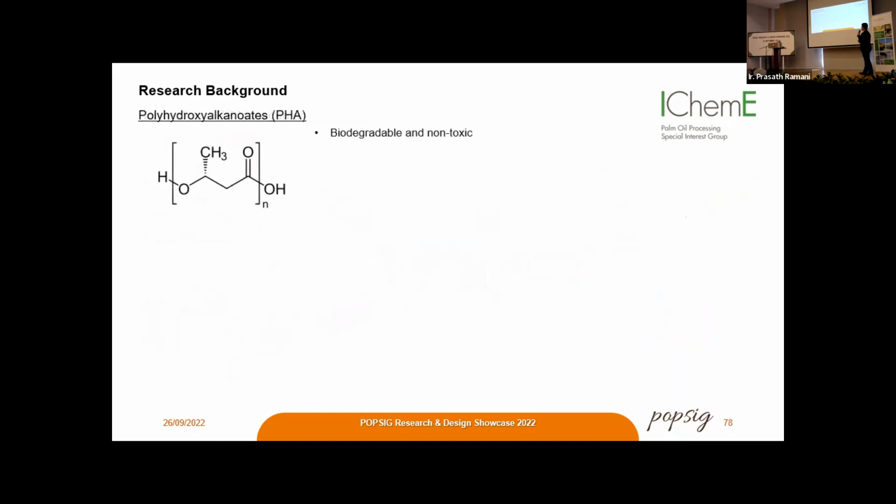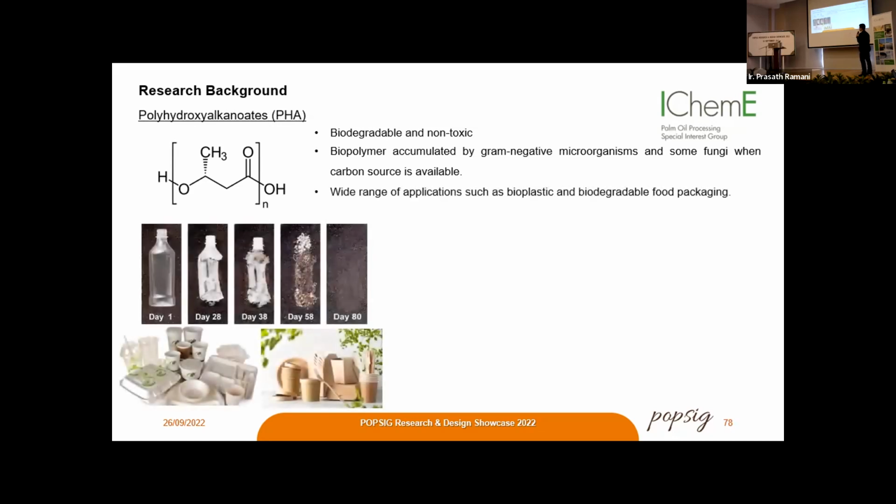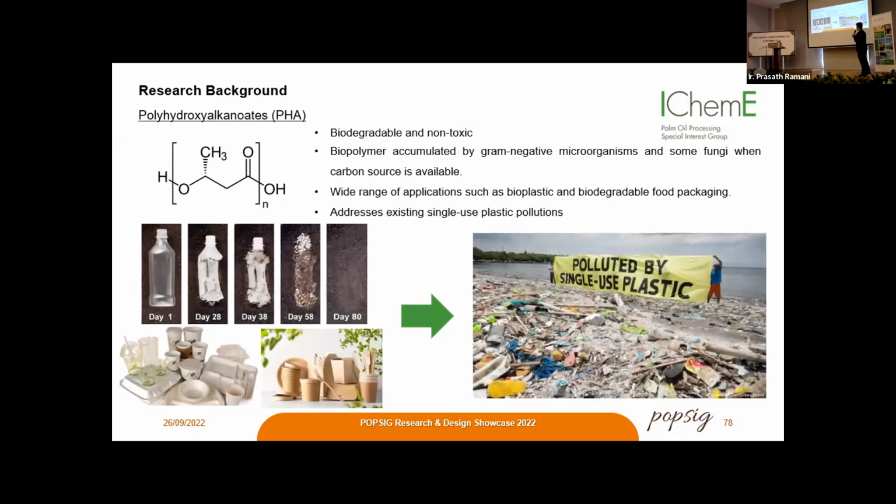Now, PHA is a biodegradable and non-toxic biopolymer that is accumulated by some microorganisms when there is excess carbon source. It has a wide range of applications such as bioplastics and biodegradable food packaging, and it is essential in addressing the existing single-use plastic waste that we are facing globally right now.